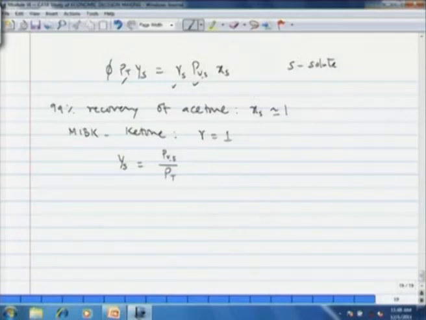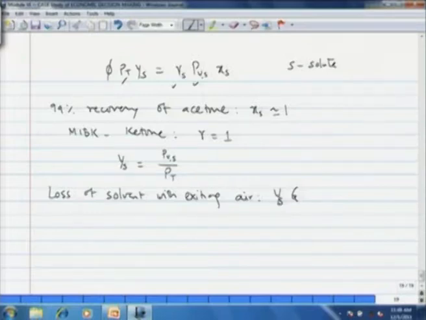And then the loss of solvent with exiting air is going to be YS into G, where G is the molar flow rate of air. Okay.